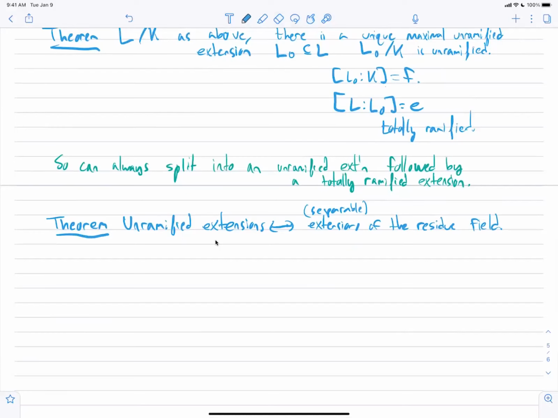And vice versa, if I have an extension of residue fields, I can always build an unramified extension that gives me that residue field extension. And if you want to prove this, first you have to turn it into a precise statement. That's something you can do. And then after you do that, it's just Hensel's lemma.